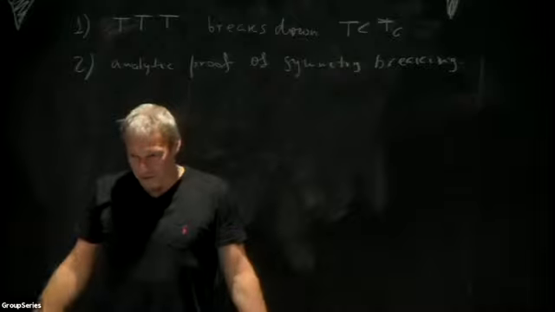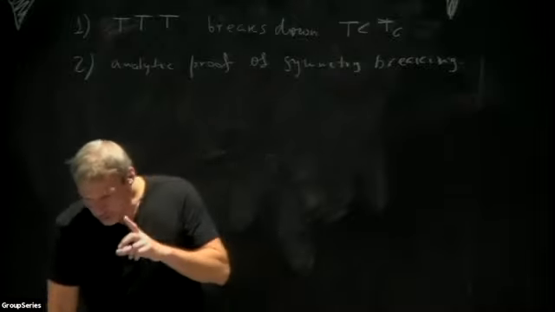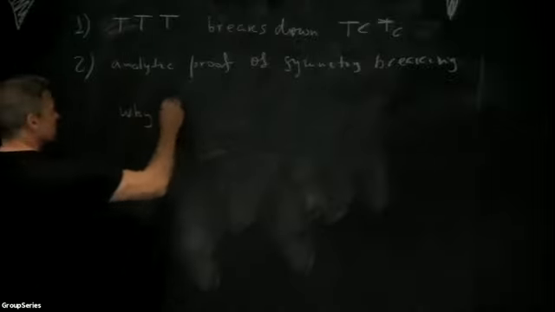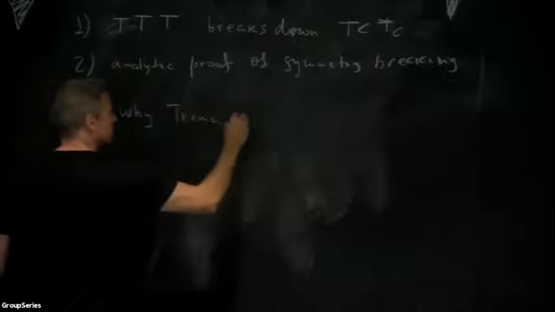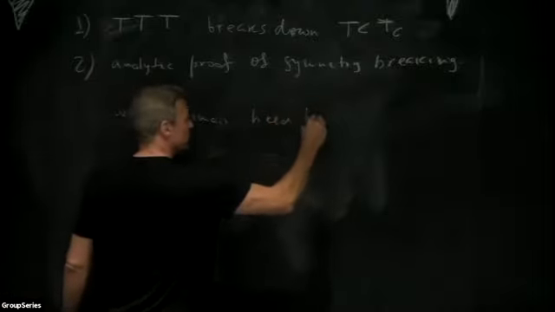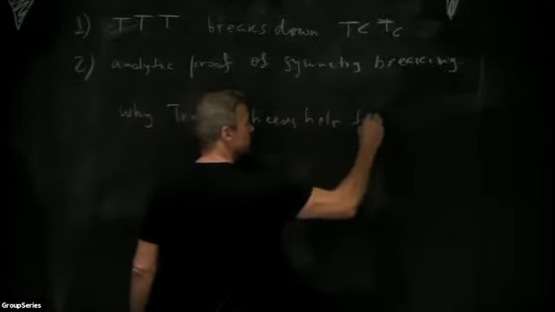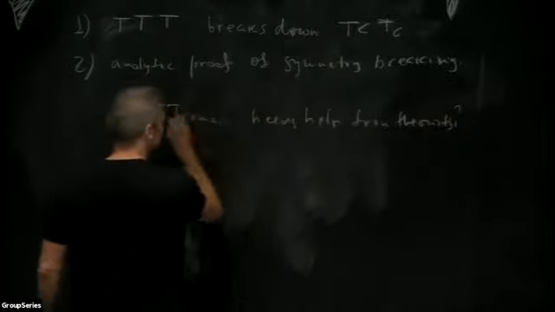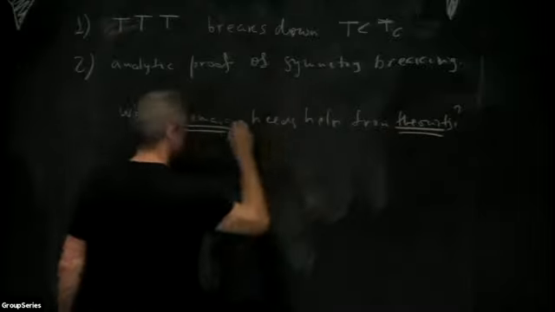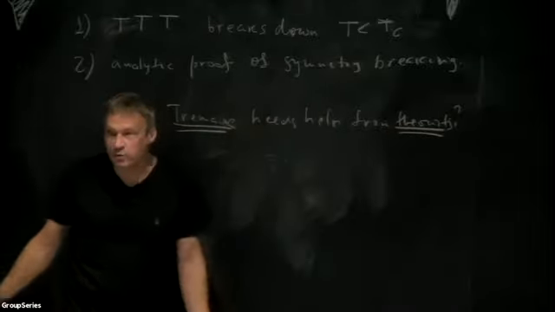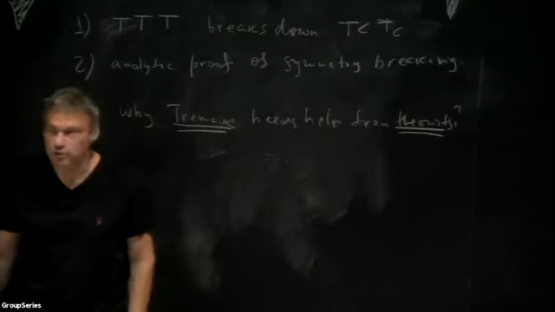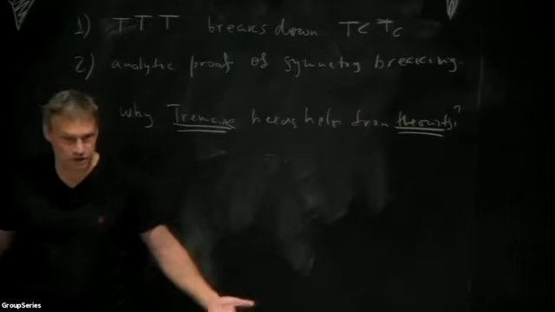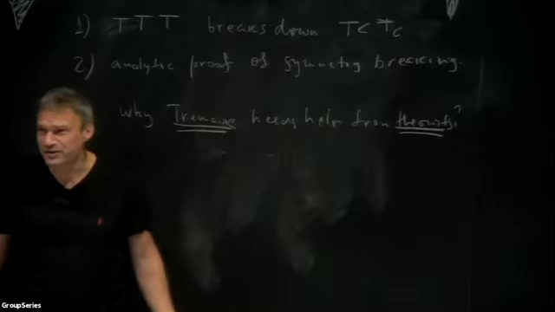So a good way to address this is this: why did Tremaine need help from theorists? Tremaine and Tremaine's colleagues and many others were working on this problem for quite a long time. And of course, he is a superb theoretician in galactic dynamics and stuff like that.